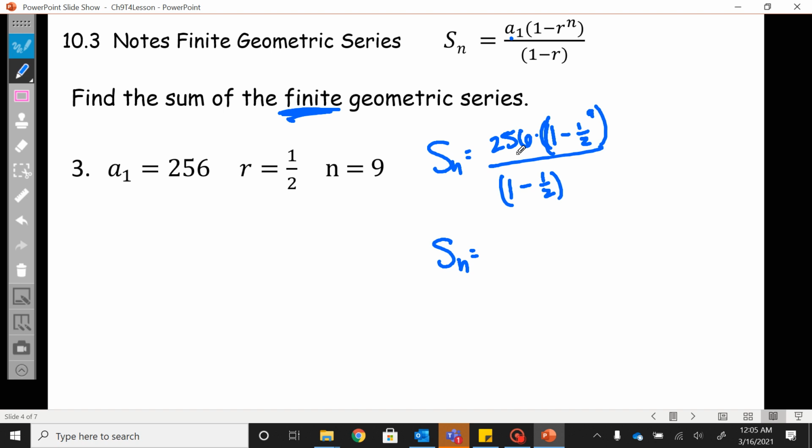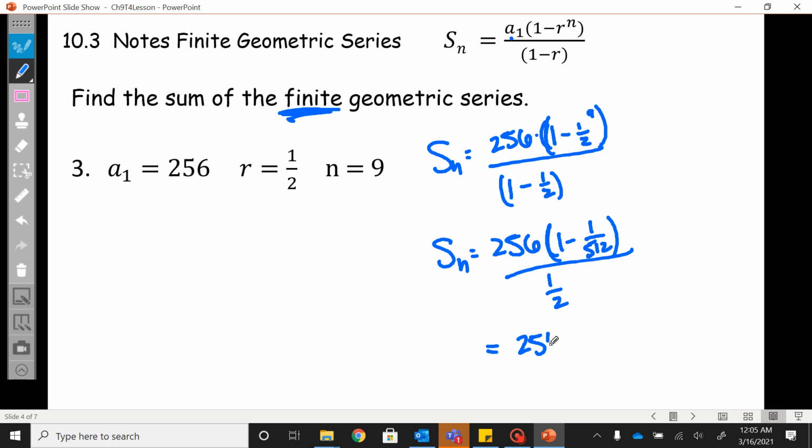Okay, so S of n is the sum, the series, 256 times 1 minus 1/2 to the 9th. So that would be 1 over 2 to the 9th. So 1 over 512 over 1 minus 1/2, which is 1/2. Okay, we'll keep simplifying this.